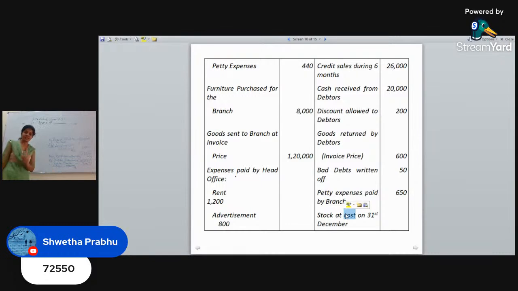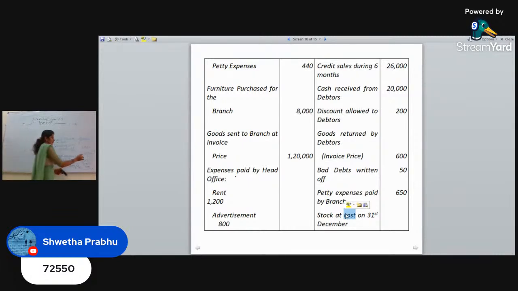It is only for 6 months, because the branch was opened only on 1st July. So for the remaining 6 months we cannot take it, because the asset was used only for 6 months. So 8,000 into 10 divided by 100 into 6 by 12. The amount is 400. 8,000 minus 400 is 7,600.